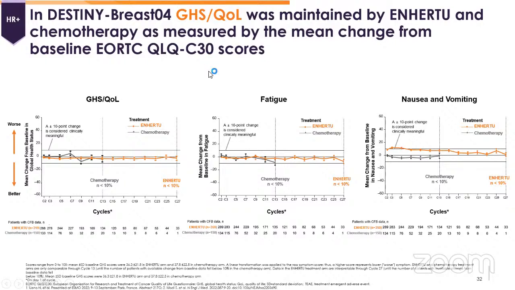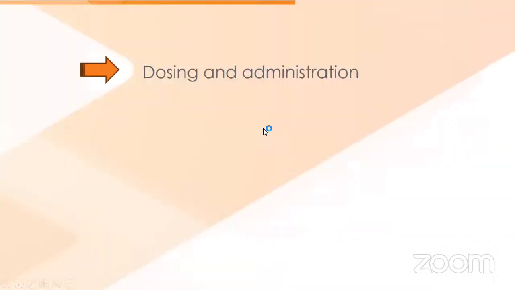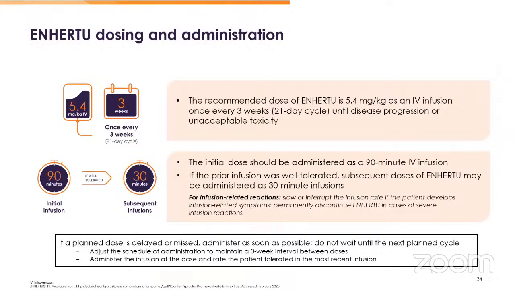Could you change the slide, please? The next slide, please. So we know that essentially the dosing remains 5.4 milligram per kg, given every 3 weeks. We start with a 90-minute initial infusion and then subsequently shift to a 30-minute infusion in our daily practice.